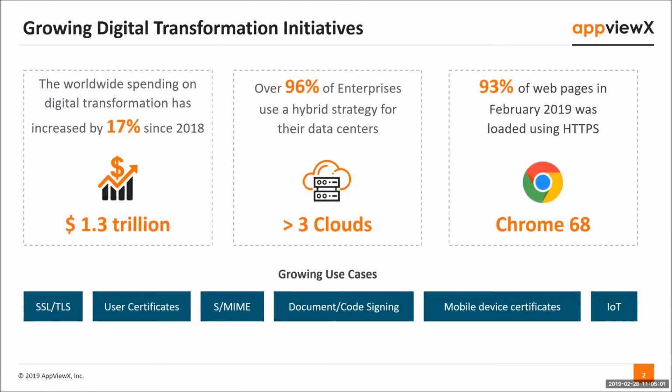So if you look at what is happening in the industry, there is a tremendous digital transformation, and a huge growth in security and encryption. The spending on digital transformation is growing year on year. And the majority of enterprises are looking at a more hybrid strategy with cloud coming in.